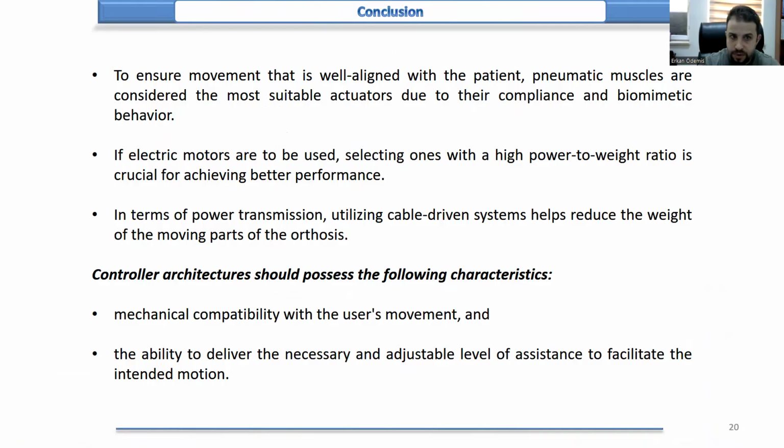In terms of power transmission, utilizing cable-driven systems helps reduce the weight of the moving parts of the orthosis. From the controller structure perspective, controller architectures should be mechanically compatible with the user's movement. Also, they should be able to deliver the necessary and adjustable level of assistance to facilitate the intended motion.